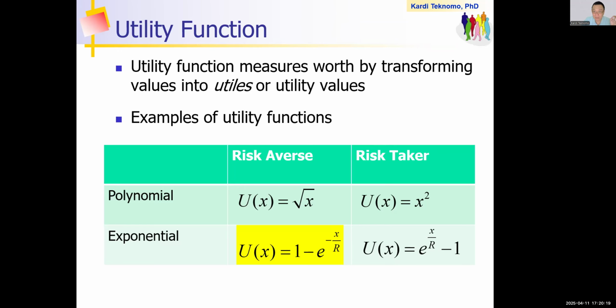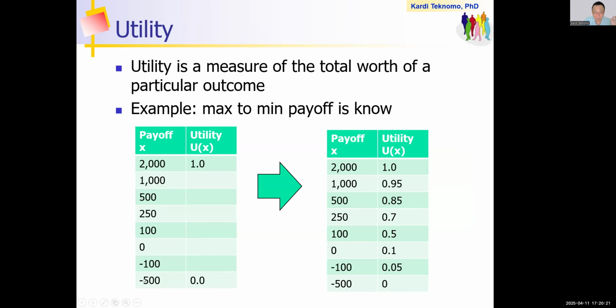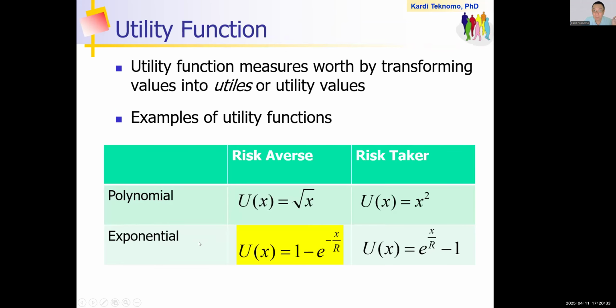The X here is the payoff. Now if I know the X, what is the value of utility? Again, utility is just 0 to 1. So this is similar to normalization, but this is normalization of your own preference, your own happiness.